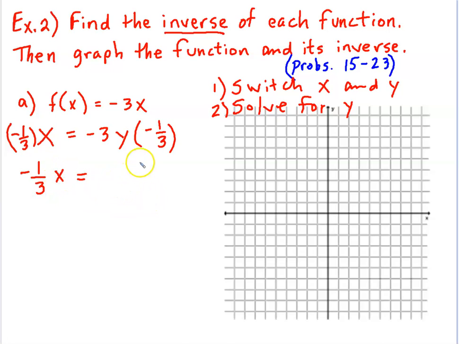Now when you get to this point, when you're doing this operation of finding the inverse of a function, when you're down to solve for y form, I don't want you to write y. Okay? We're going to use the notation that says the inverse of f, and it looks like this.